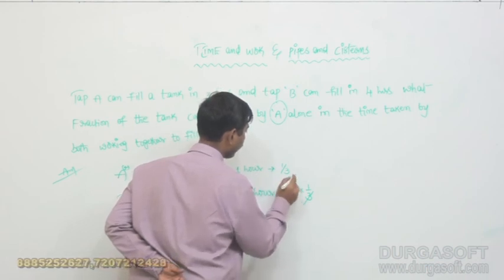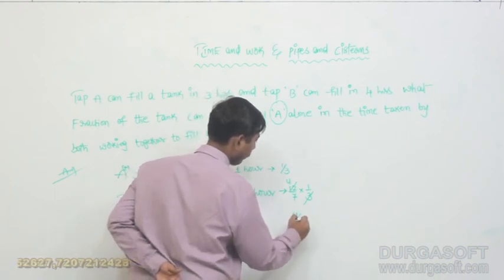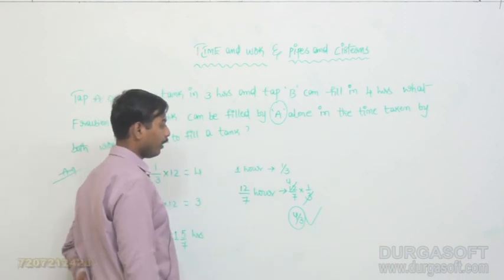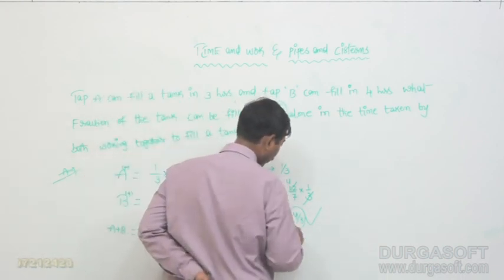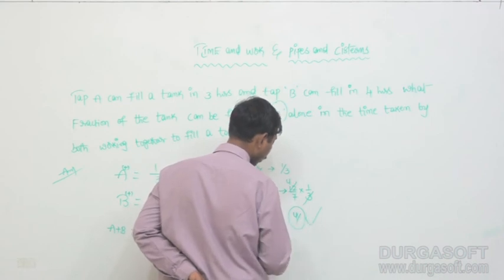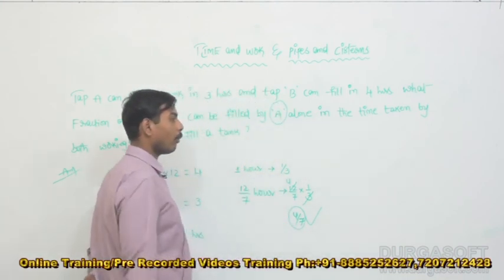In 1 hour, pipe A fills 1/3, so in 12 by 7 hours, pipe A could fill 1/3 times 12/7, which is 4/7 of the tank. This much of the tank is possible for pipe A in 12 by 7 hours.